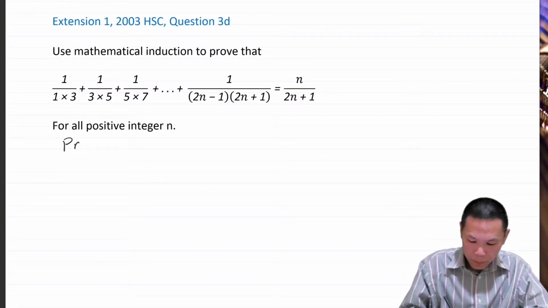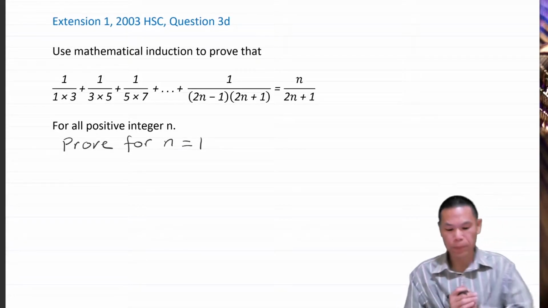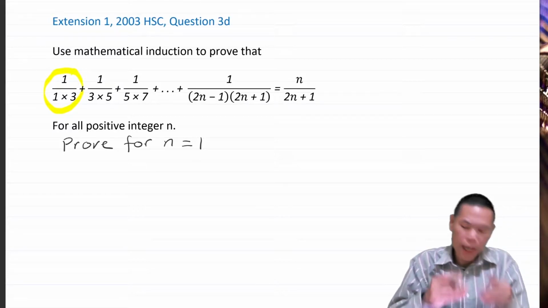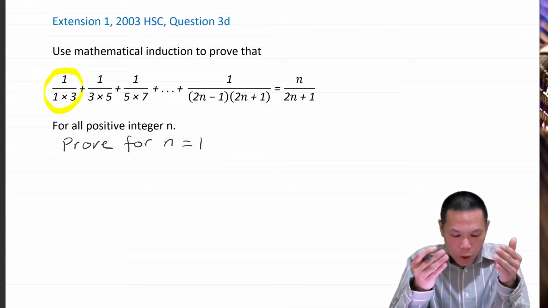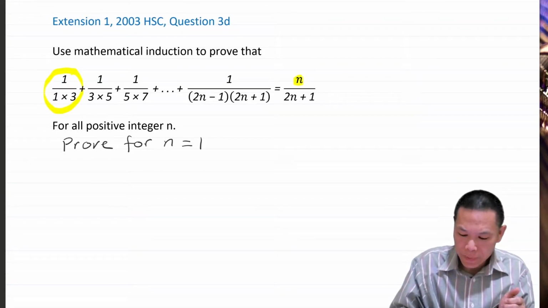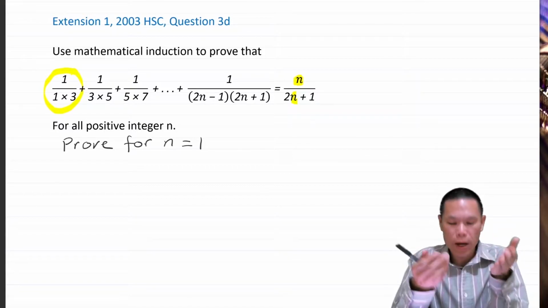So proof for n equal 1. So on the left hand side, when n equal 1, the answer is 1 over 1 times 3. And on the right hand side, we replace n with 1 because n equal 1.